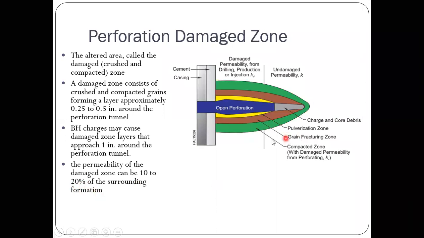So it is assumed that the permeability of this zone will be 10 to 20 percent of the surrounding formation. Now you can imagine that if the permeability is reduced to 1/10 or 1/5 of the actual permeability, it is going to affect the productivity of the well drastically. So it is very important to design the perforation to minimize this effect on well performance.